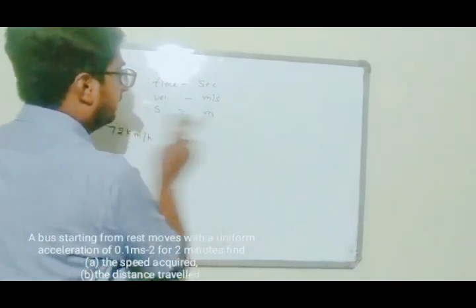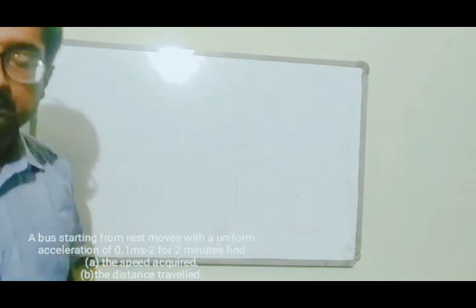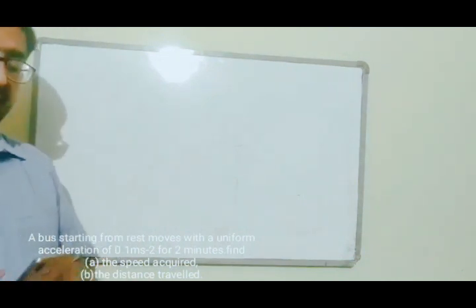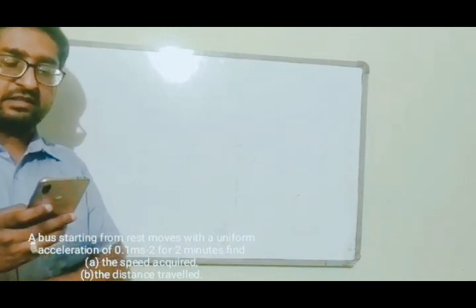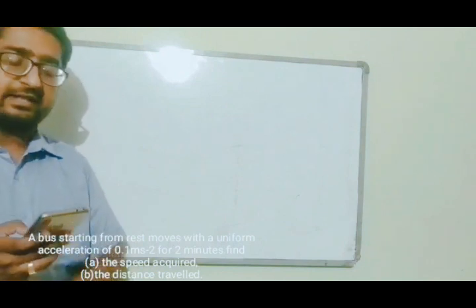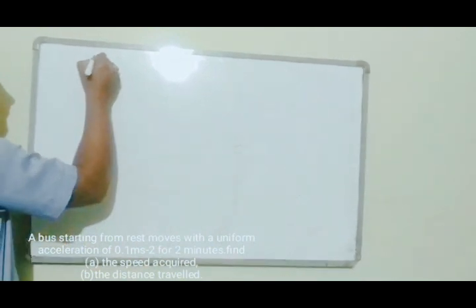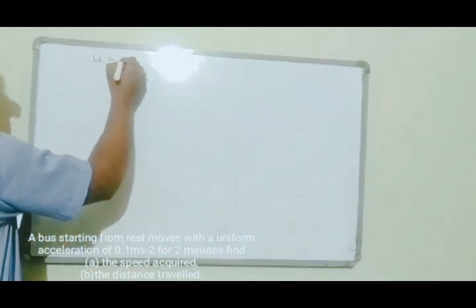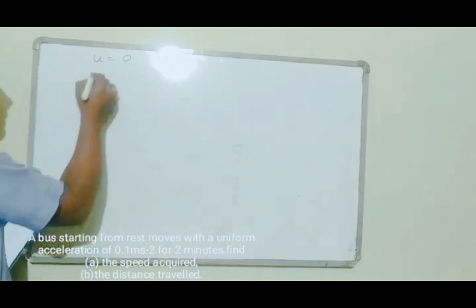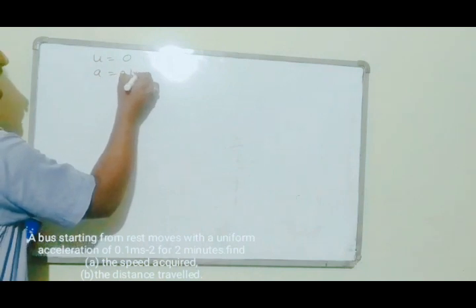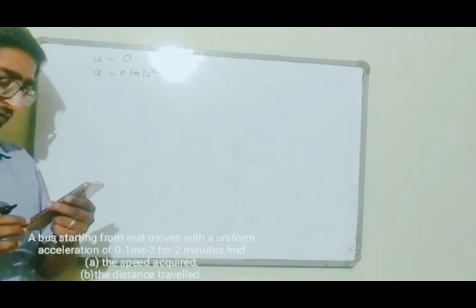The very first numerical of the chapter Motion, based on three equations of motion, is: a bus starting from rest moves with a uniform acceleration of 0.1 meter per second square. Starting from rest means the initial velocity of the bus is 0, and it moves with an acceleration of 0.1 meter per second square for 2 minutes.